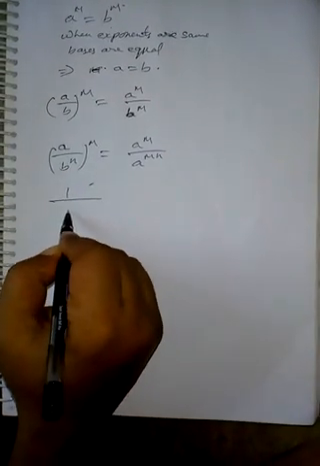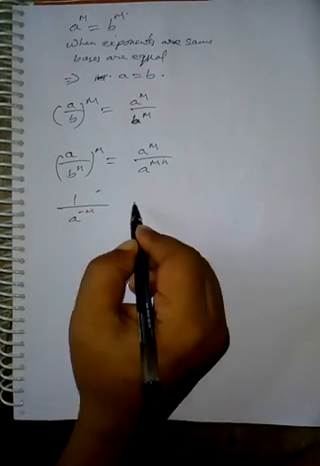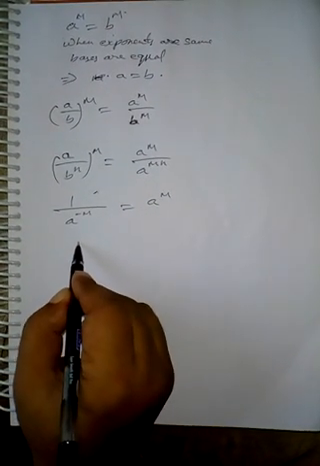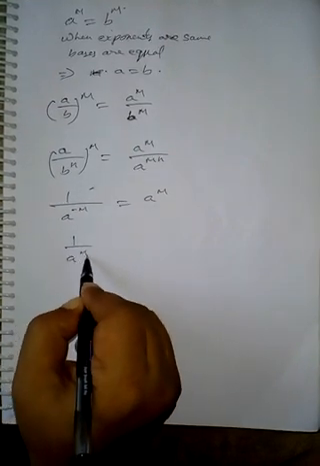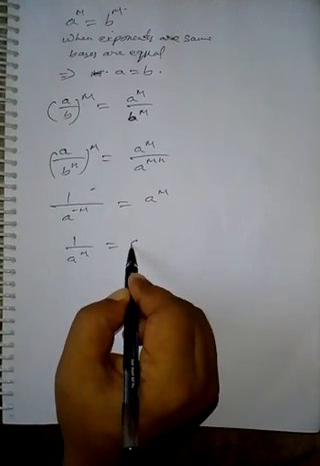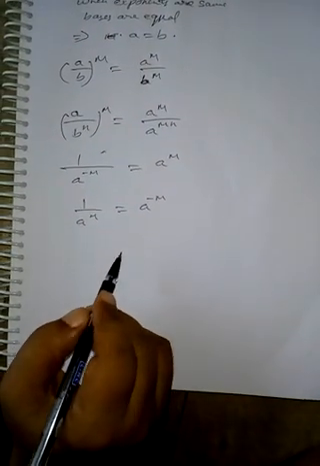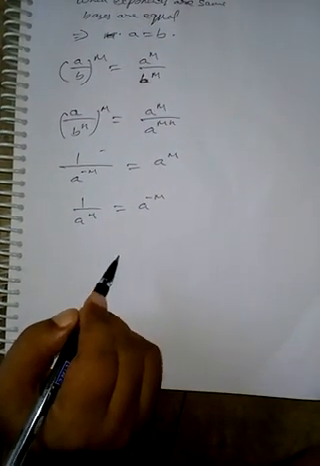One more, 1 upon a raised to power minus m can be written as a raised to power m. Or if it is 1 upon a raised to power m, you can write it as a raised to power minus m. These are some of the laws which we use in exponents.